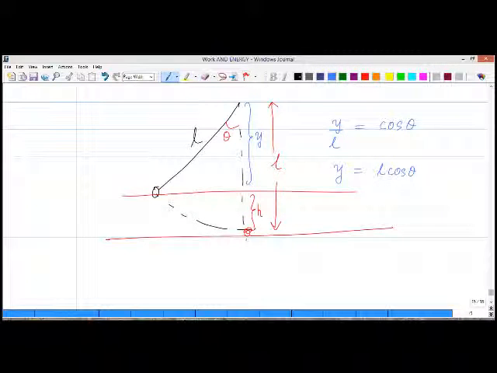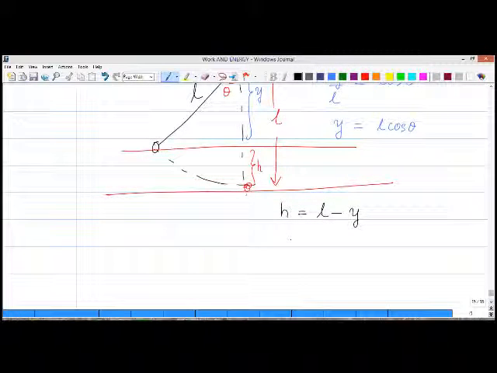Once I know y, it's very easy to find h. If you look at the picture, h is nothing but L minus y. And now let us substitute for y, and you get L minus L cosine theta.